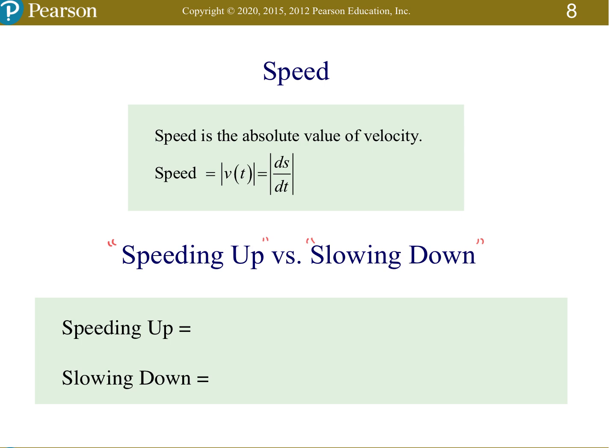So speeding up is the combination of same sign velocity with acceleration. By same sign, I mean both of them are positive numbers or both of them are negative numbers. You experience speeding up when both of those are positive.